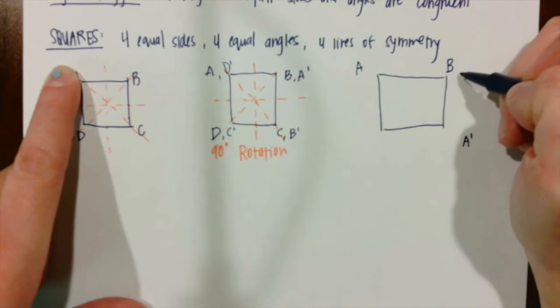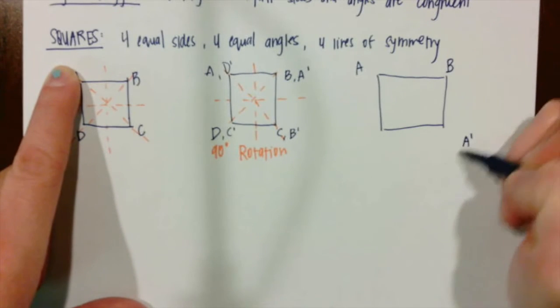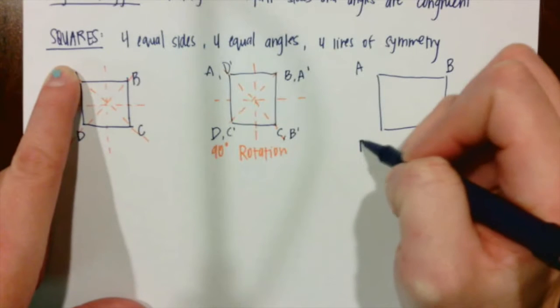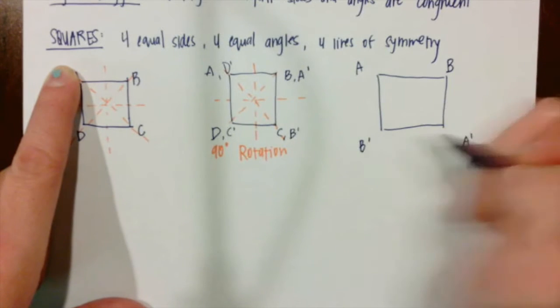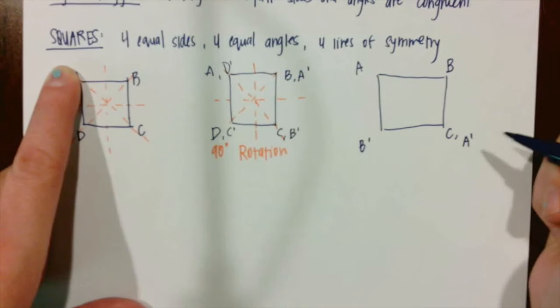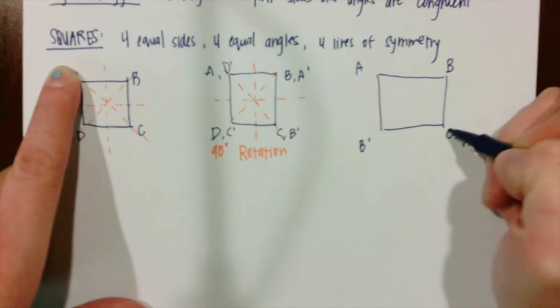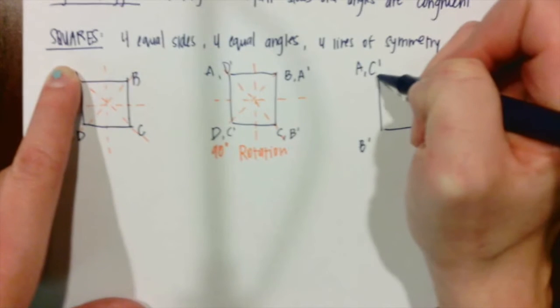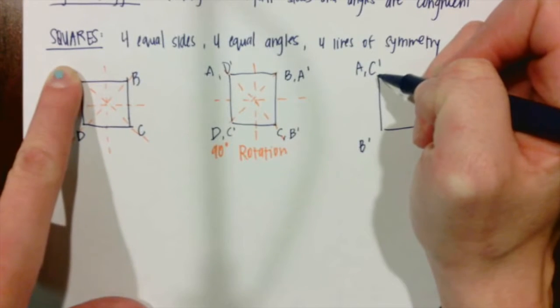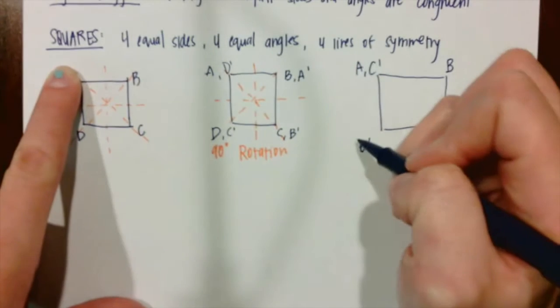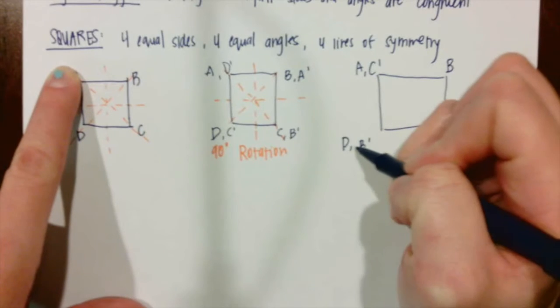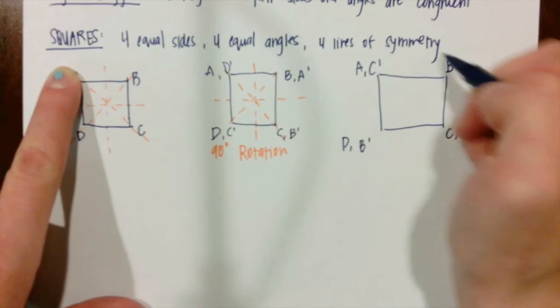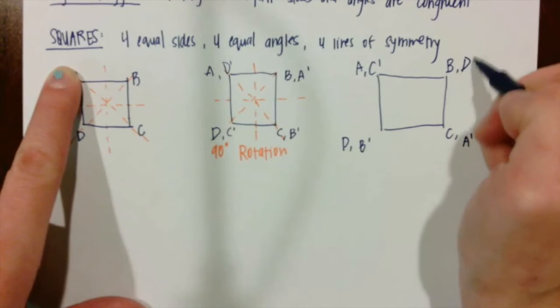B starts out here. When we twist it 180 degrees around, it comes to this corner. C starts out right here where A has now ended up. We twist it 180 degrees around, and it goes up here to where A started. D would have started right here. When we twist it 180 degrees, it ends up over here.